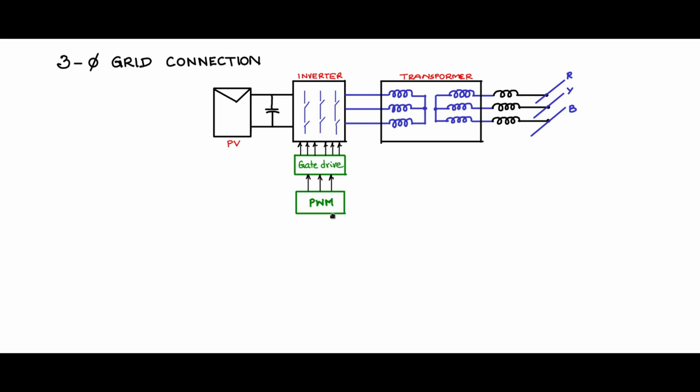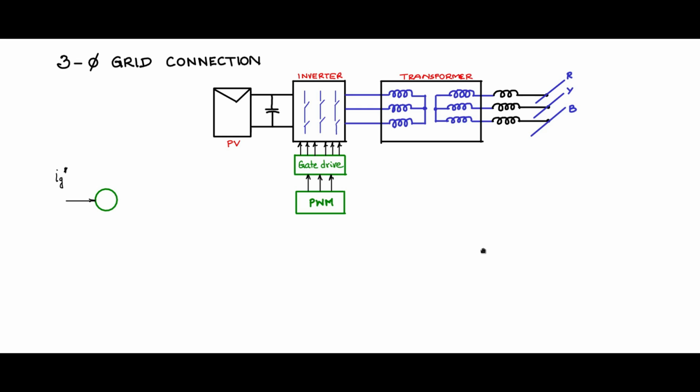Now, the input to the PWM will be the control signals coming from the output of controllers. Now, what do we want to control? Let us say that I would like to control the inductor current, or the current that is being pumped into the grid. Now, let us start with a comparator.